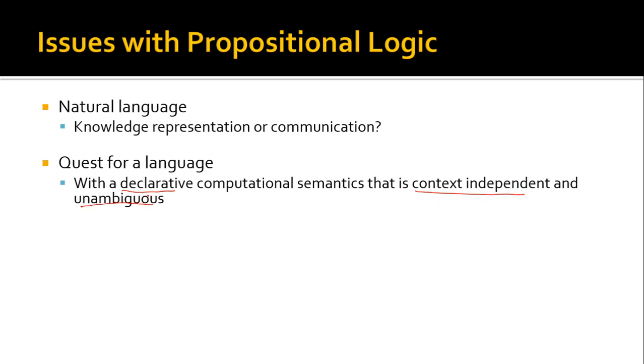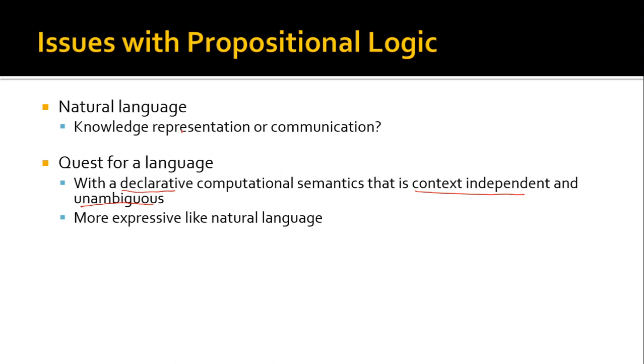If the truth value of a part depends on the context in which it appears, it will be very hard to write an algorithm to process that language. For example, it is very hard for a computing system to understand natural language completely. Though we have made a fair amount of advancement in understanding natural language through computer programs, there are situations where ambiguities creep in, and the programs fail to understand natural languages.